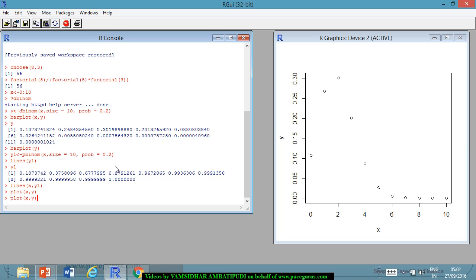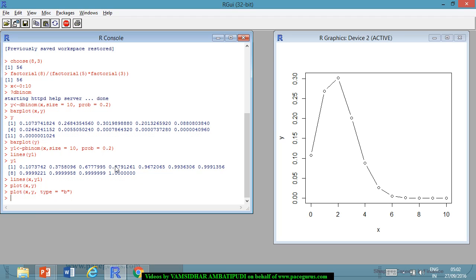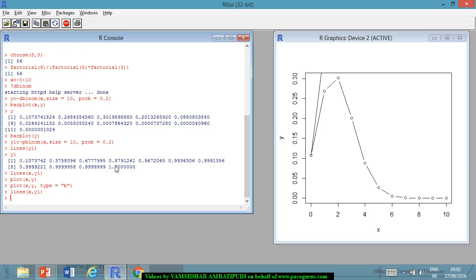Plot x comma y, and if I put type equal to b, right, I am getting both the lines as well as points. But now I can very well say to this I want to add the lines x comma y1, but of course the axis is not set, so it is typically pointing it out only to this extent.